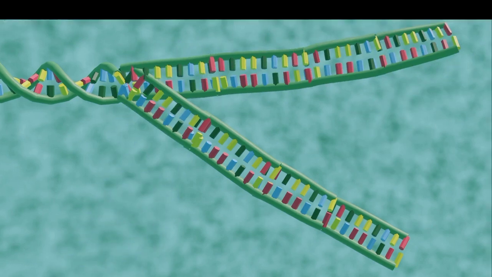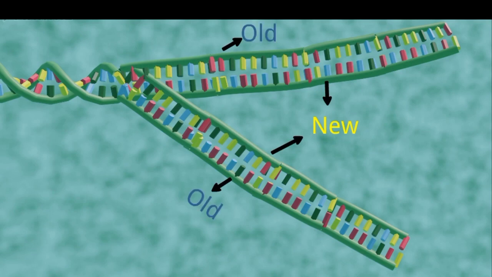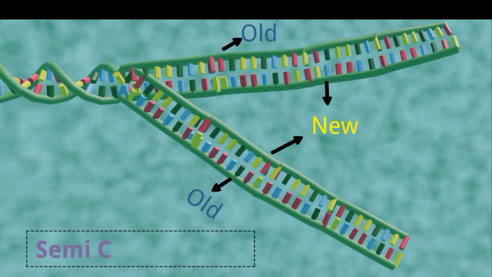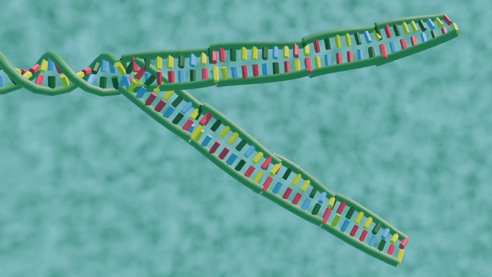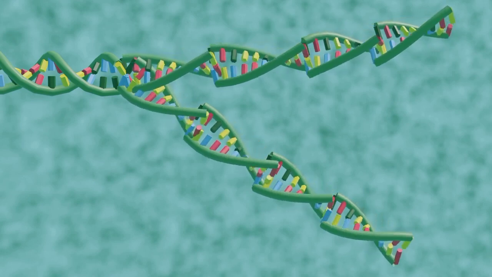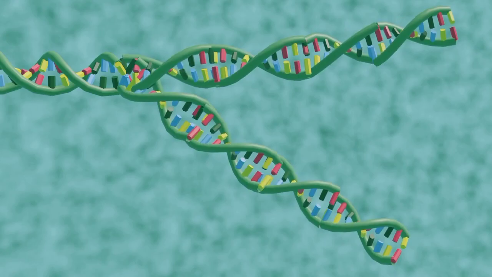The result of DNA replication is two DNA molecules consisting of one new and one old chain of nucleotides. This is why DNA replication is described as semi-conservative. Half of the chain is part of the original DNA molecule, half is new. Following replication, the new DNA automatically winds up into a double helix.